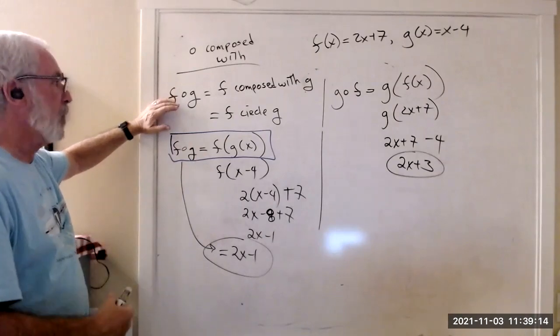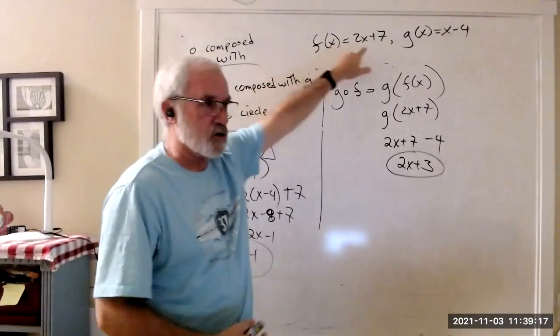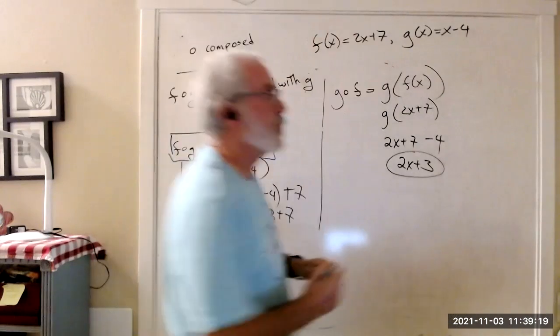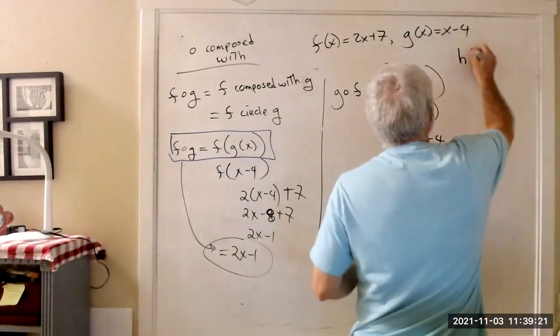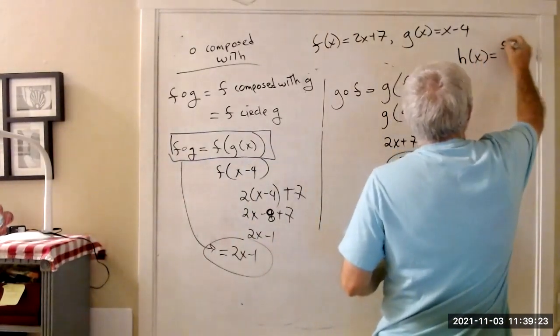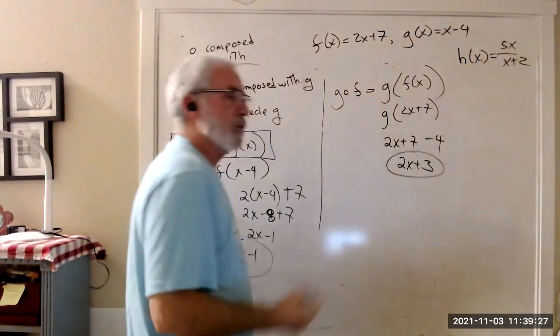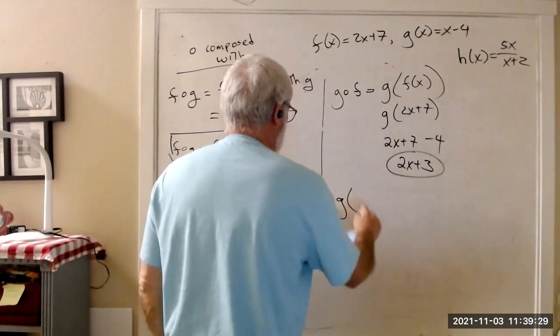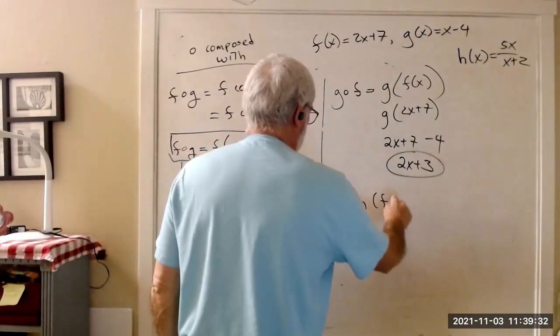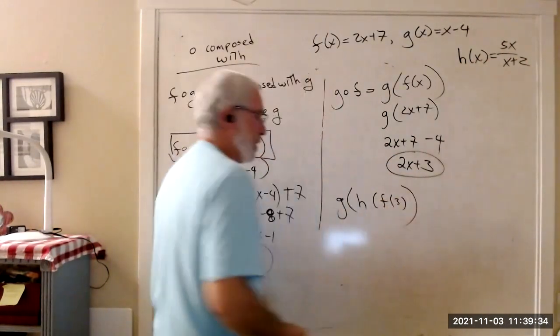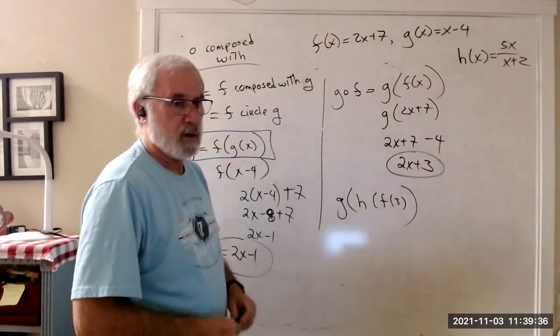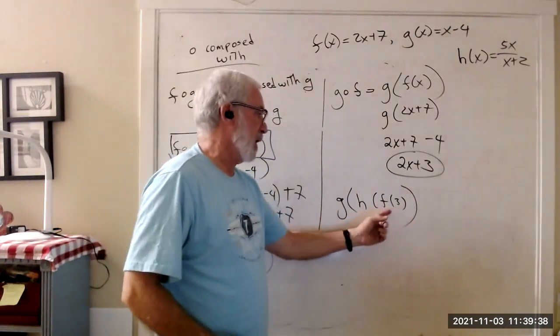Now we can get really weird. We've only been dealing with 2 functions. What if there was a third function? What if there was an h of x equals 5x over x plus 2? Then I could say, okay, what is g of h of f of 3? I mean, we can get really weird. And you'd have to take 3 and put it into f.